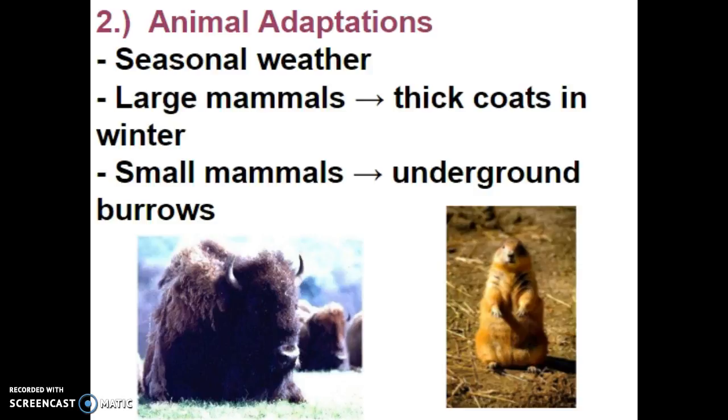In the temperate grasslands, temperate means that you're going to have some seasonal changes, and so animals have to adapt to those seasonal changes. Many large mammals will grow thicker coats in the winter for a little bit of extra protection from the cold. Small mammals will take the dormancy or hibernation route and burrow underground during the cold season.